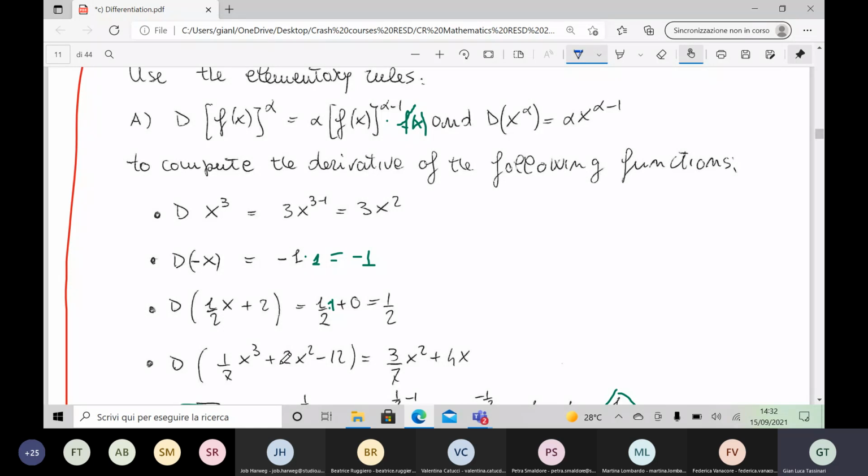So you have this multiplicative constant 2 times 2x, so plus 4x. Then you have minus the derivative of 12. What is the derivative of 12? 12 is a constant, so minus 0.